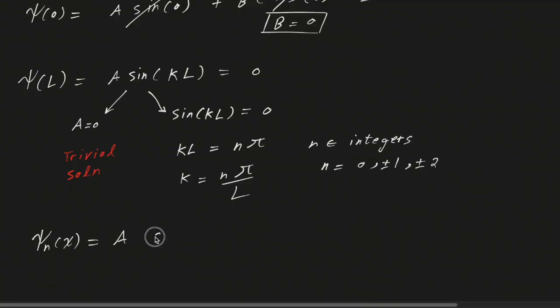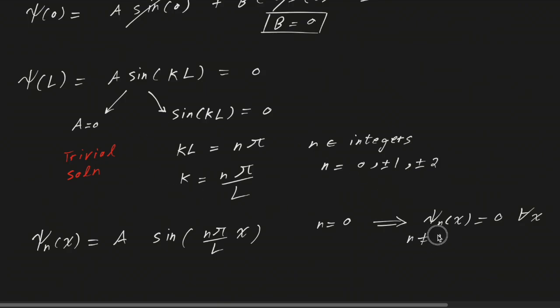So it's a sine n pi over L x. Now, if n is equal to 0, then you have psi n of x is 0 for all x. So we're back to that trivial solution case, so n cannot be 0.